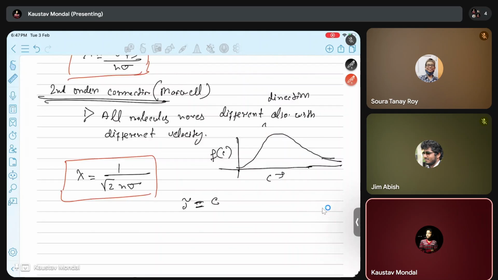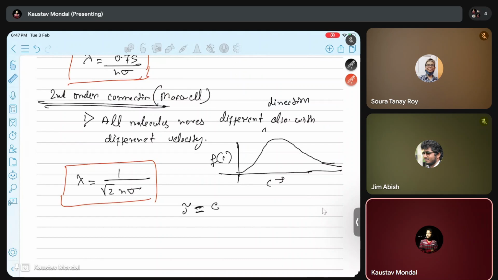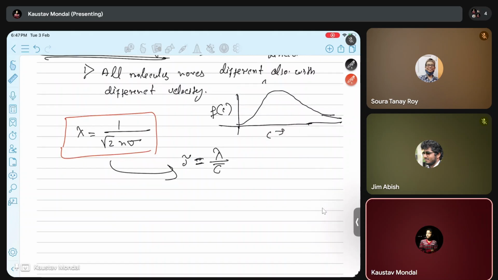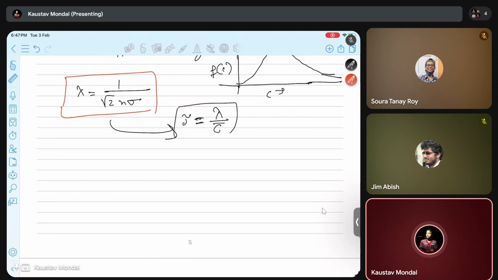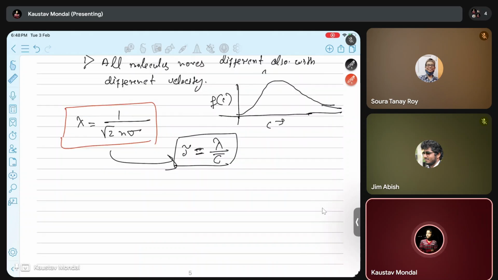Sorry, yes, tau is basically lambda by c bar. So if you can calculate the lambda, you can also calculate the tau. So this is a very important relation that you have to remember, this expression of the lambda.